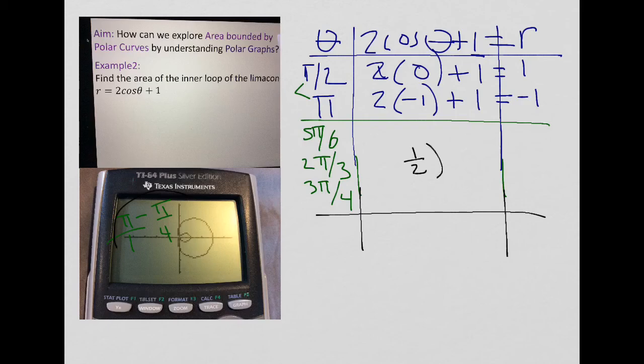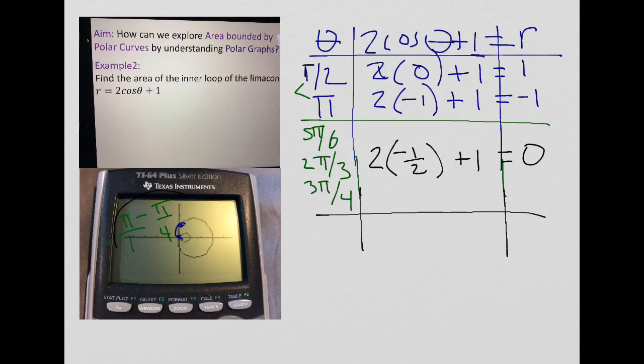And cosine does happen to be negative in that quadrant, so multiplying it with 2, I get -1. And when I add 1, we get 0. So from here, that may be where we're starting our inner loop.